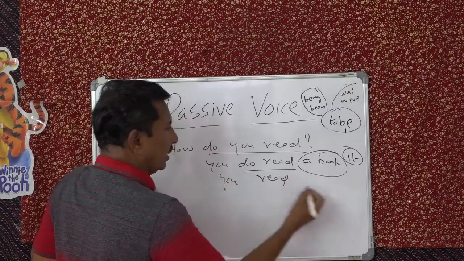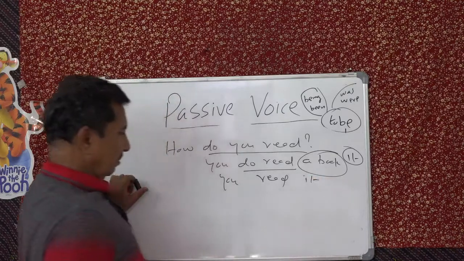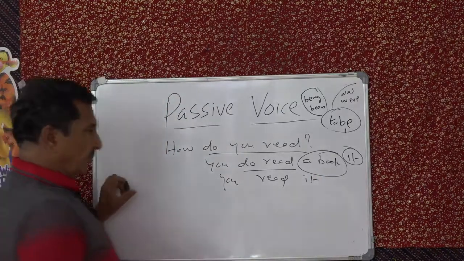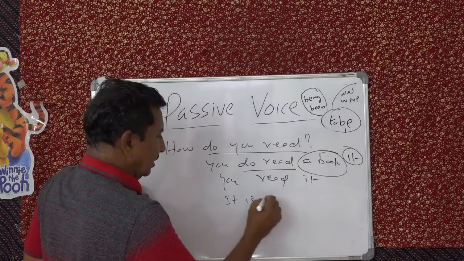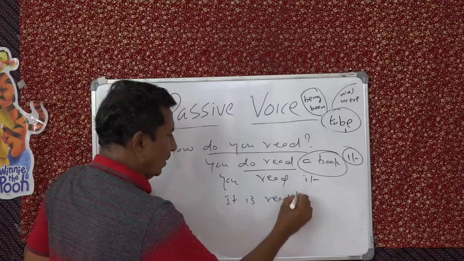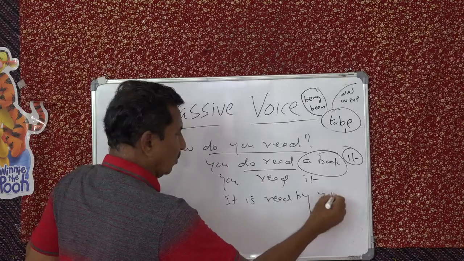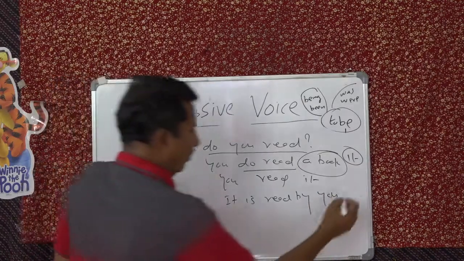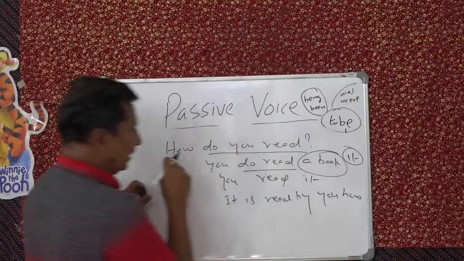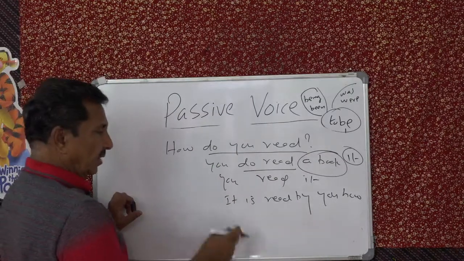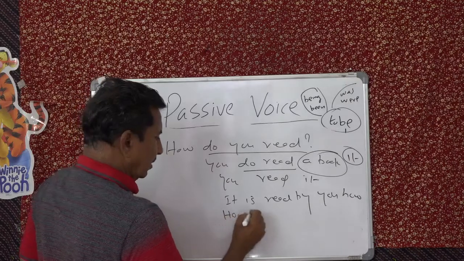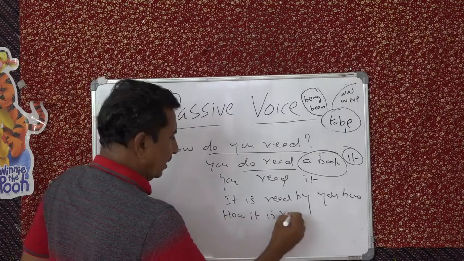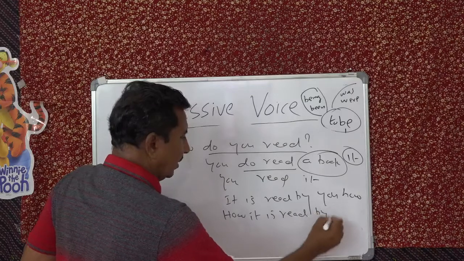You read it. Okay. Now, passive. It is read by you. How? Because how is here now. Then bring it here, then it will be how it is read by you.